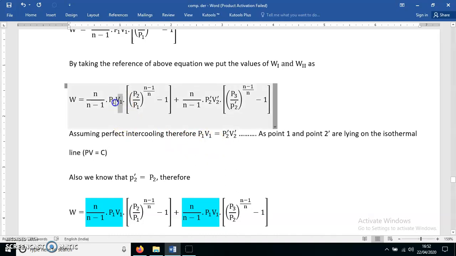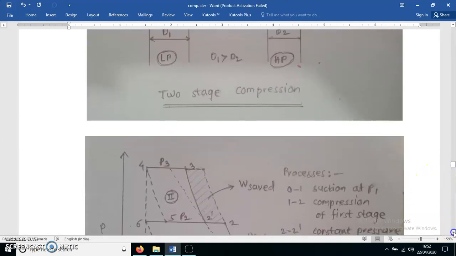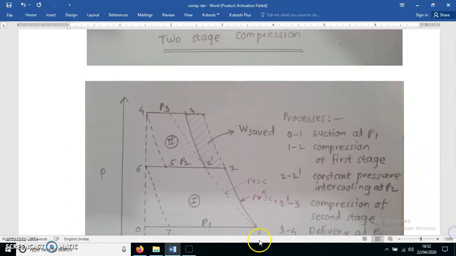So perfect intercooling means point 1 and 2 dash lie on the dotted line. Just look at the figure. This dotted line is PV equal to constant, means isothermal process. See, 25 to 50 and again coming back to 25 means we have achieved isothermal compression.